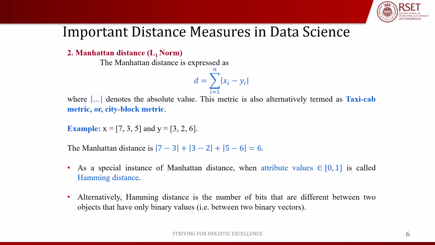So instead of going straight from A to B, they would be going through the x-axis. That is what 7 minus 3 denotes. You may travel from the value 7 of x-axis to value 3, and then you complete your y-axis, from 3 to 2, and then the z-axis, from 5 to 6.